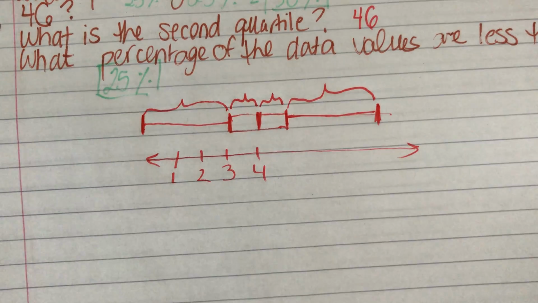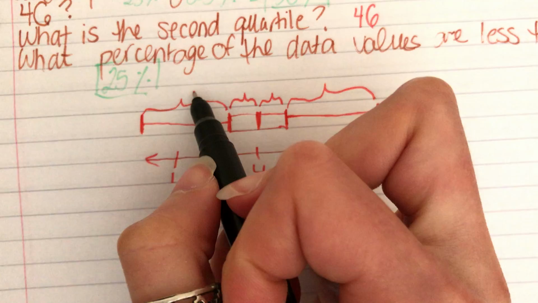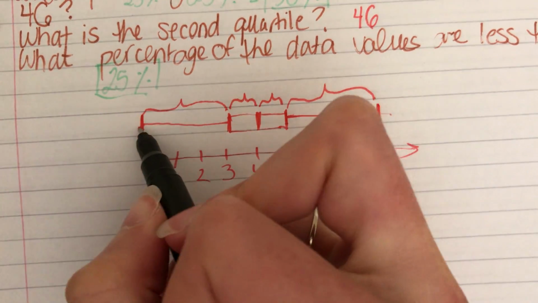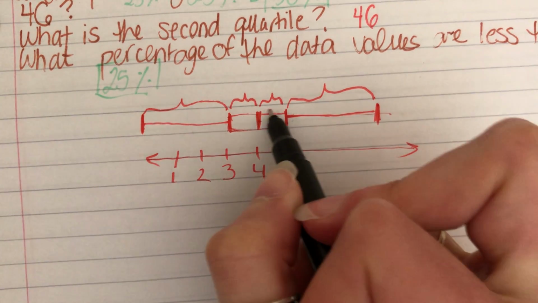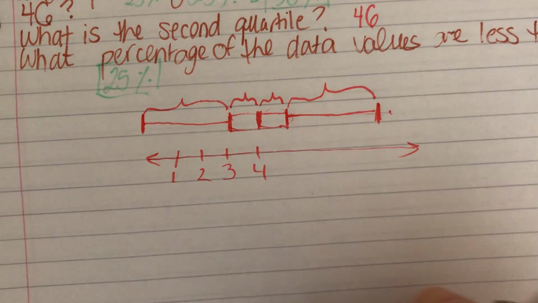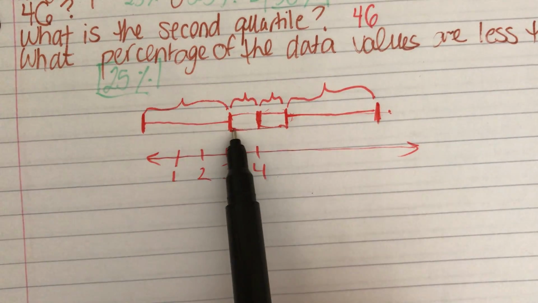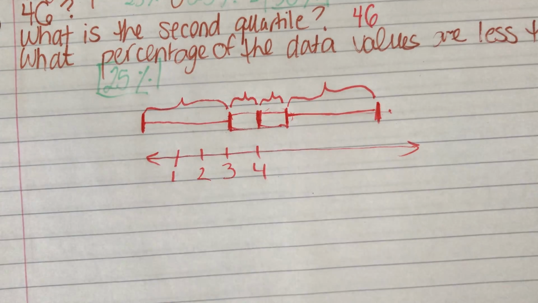So we're not trying to do like pieces of a pie, fraction type things. We're just saying that 25% of the numbers are going to be in this range, 25% will be in this range, 25% will be in this range, and 25% will be in that range right there. Again, each divided by the 1, 2, 3, 4, 5 vertical lines that appear in your box plot.